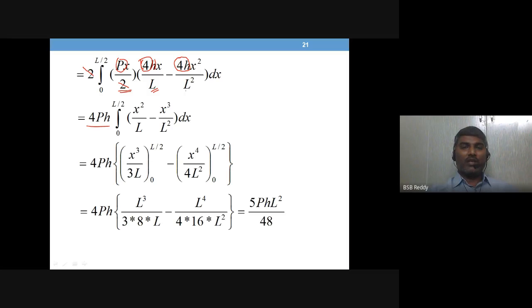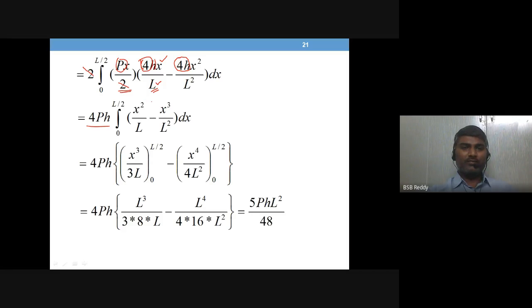Even if you want, L can be taken out, otherwise you can keep it inside, as it is going to be cancelled further in the process. So x by L is remaining here in the first term.